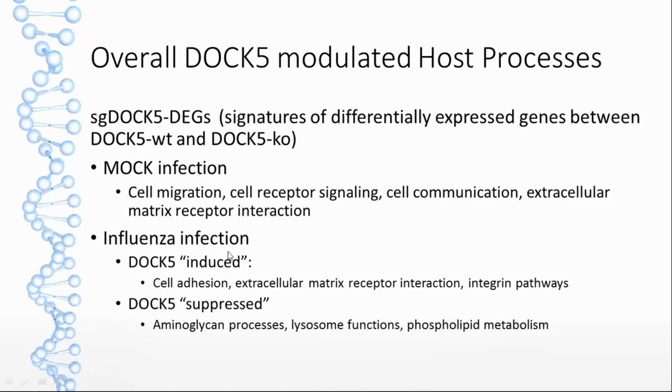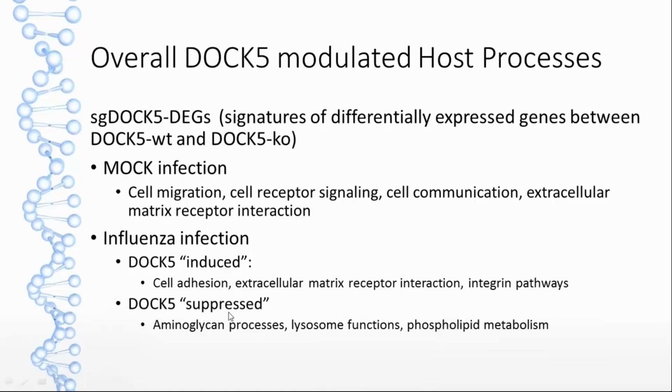Including influenza, it's to some extent rather similar, but it's mostly cell adhesion. So those are pathways that are induced by DOC5, meaning they are upregulated or have higher expression in the wild type with DOC5, and less activation and transcription in the knockout scenario.